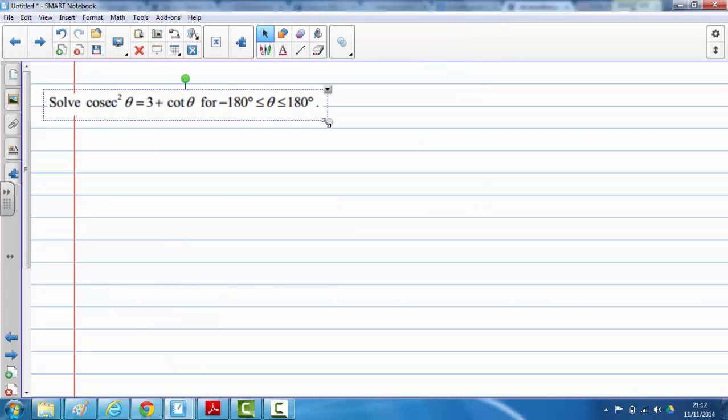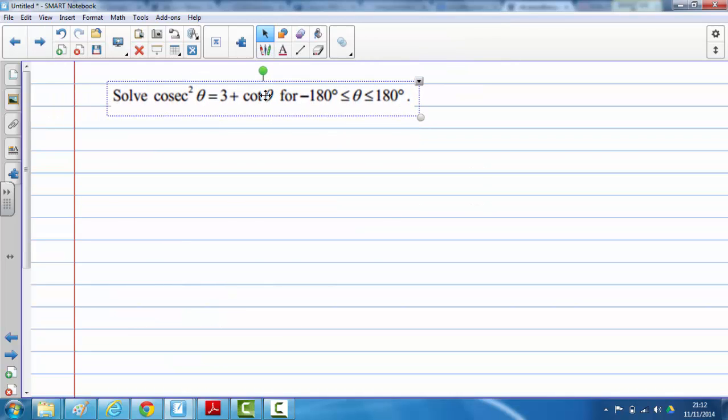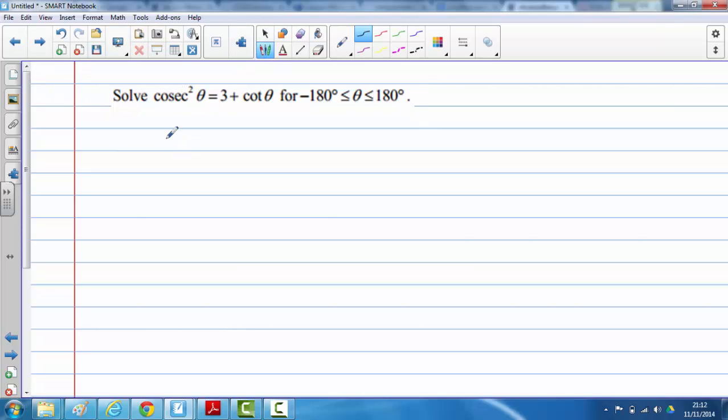And we've met similar cases in C2 trigonometry. In order to solve this, we've got a cosec and we've got a cot, and we're going to find theta between minus 180 and 180. In order to solve this, we need it to be either all in cosecs or all in cots.